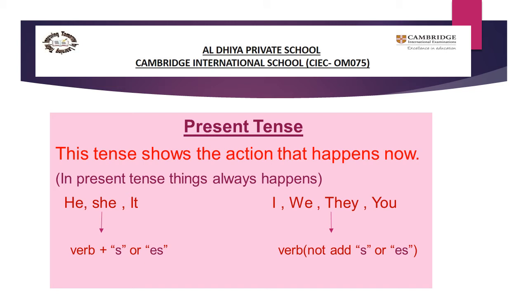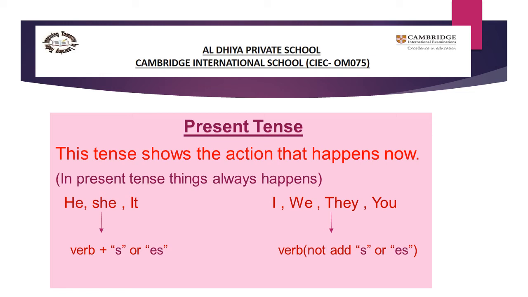Okay, singular noun: he, she, it. But when we are talking about plural and we are talking about ourselves, like I, we do not add s or es. We just write the verb. We will not add s or es at the end. We will just write the verb.